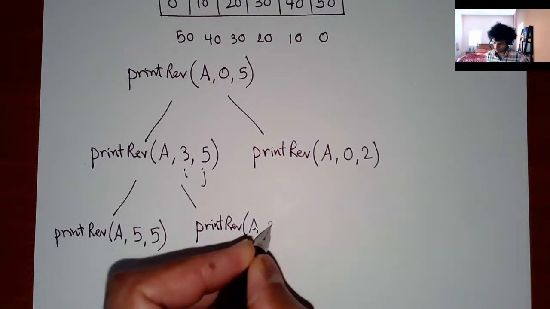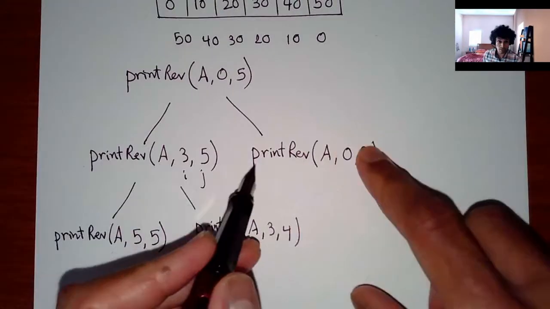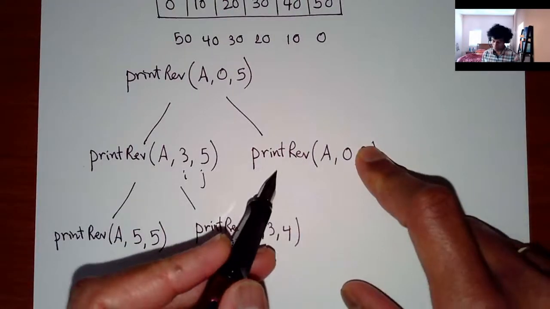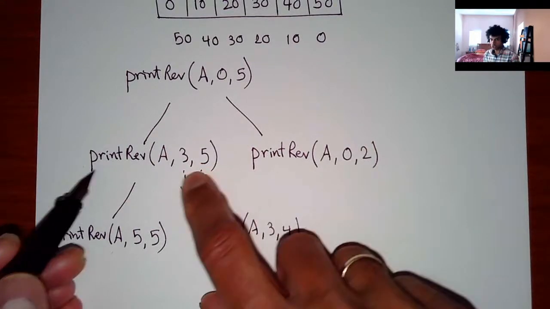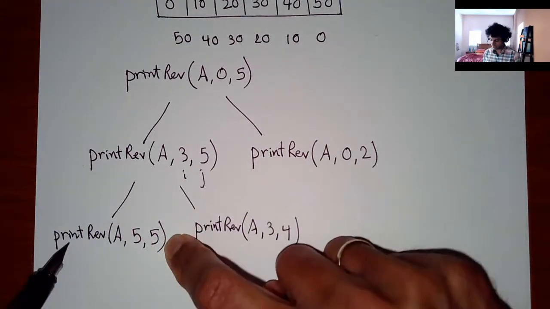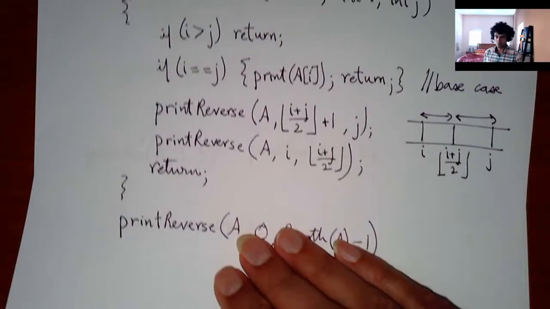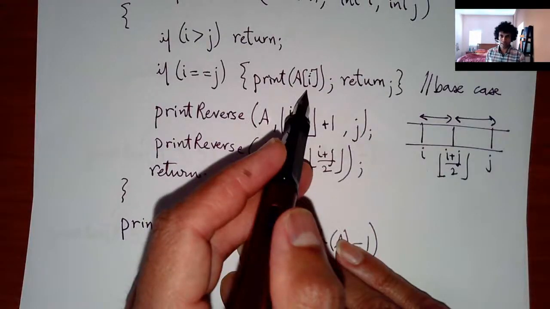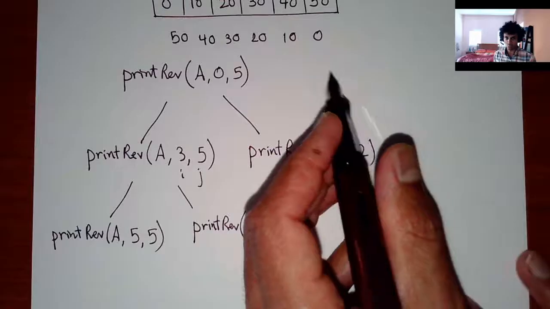3 and 4. But note that at this point, this call made this call. I'm just writing this down for convenience. But this call called this 3 and 5, which called 5 and 5. Once it calls 5 and 5, this is the base case. i is equal to j, so it's just going to print a[i] and return. This is going to print the fifth element. So let me just write out what is being printed over here.